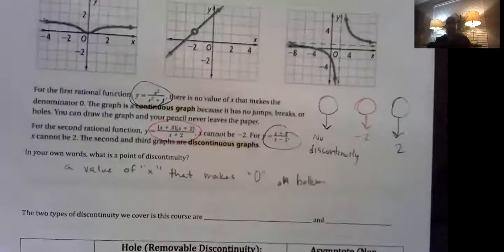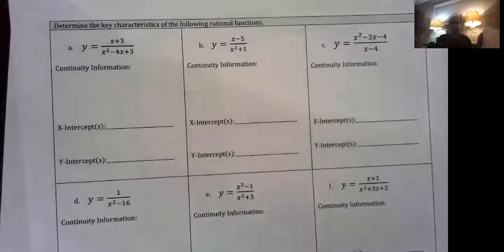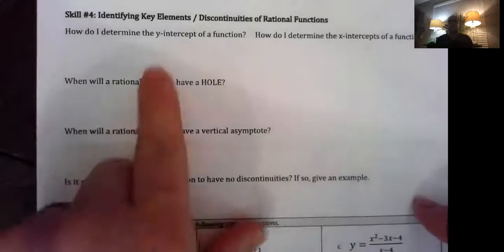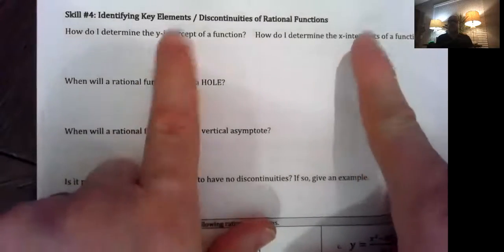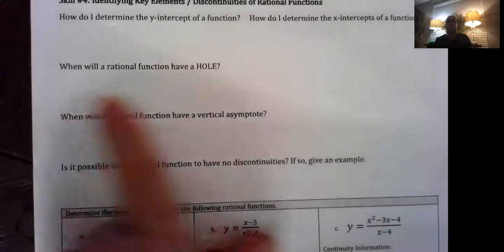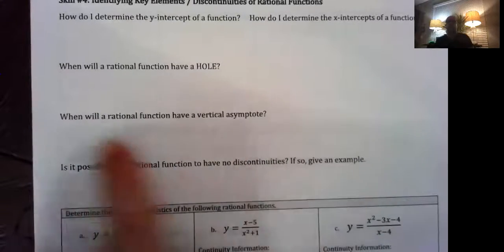All right, let's go ahead and see if we can practice some of these ideas. Now, this first question here, where it says, how do I determine a y and an x-intercept? We'll come back to that. Okay, remember when it has a hole, that's just when it cancels top and bottom. When will it have a vertical asymptote?